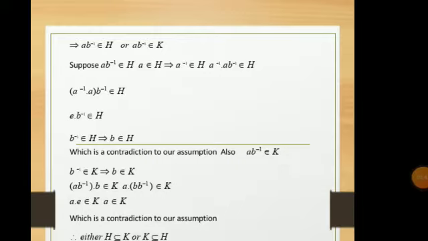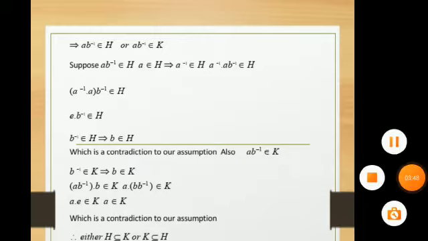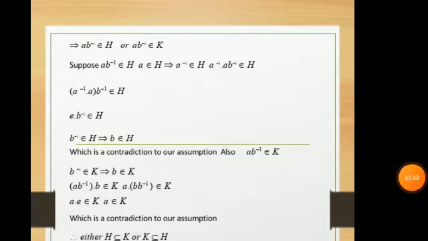That implies b inverse belongs to H, which means b also belongs to H. But this is a contradiction to our assumption that b does not belong to H. Again consider ab inverse belongs to K. b inverse belongs to K implies b belongs to K. Now by the closure property, multiply ab inverse with b.